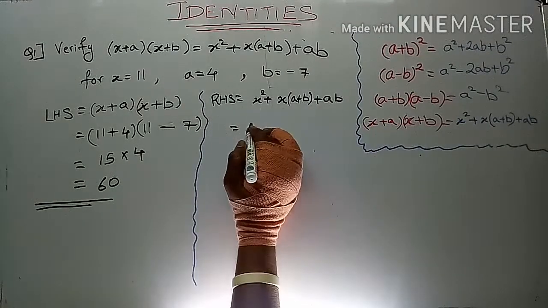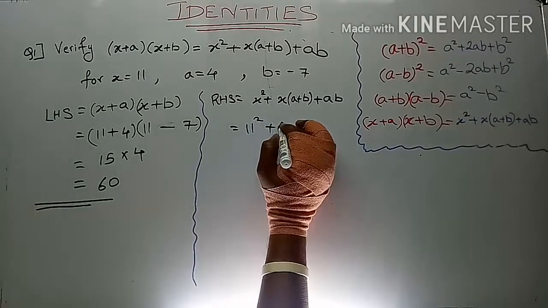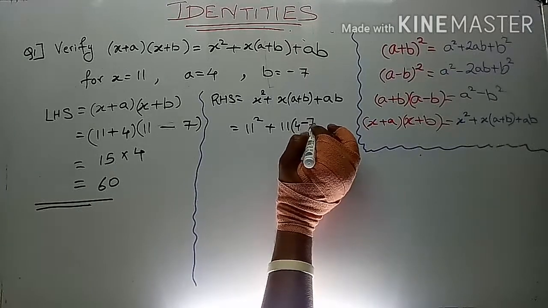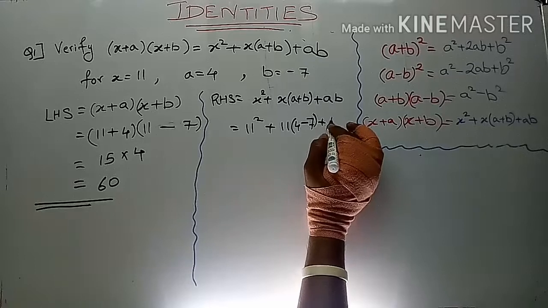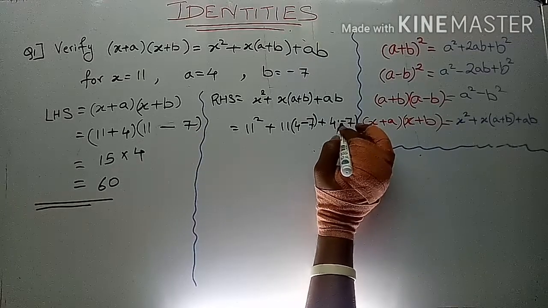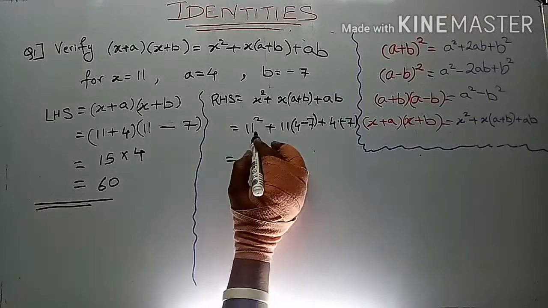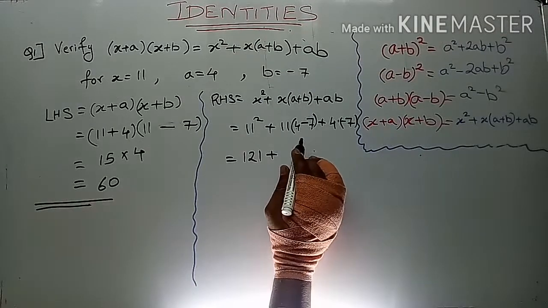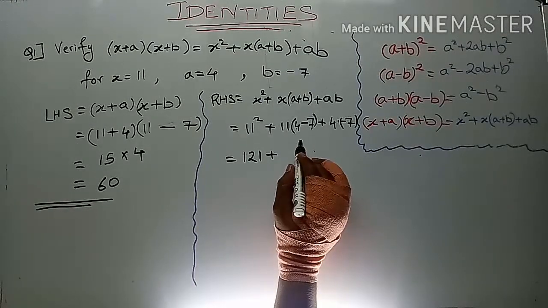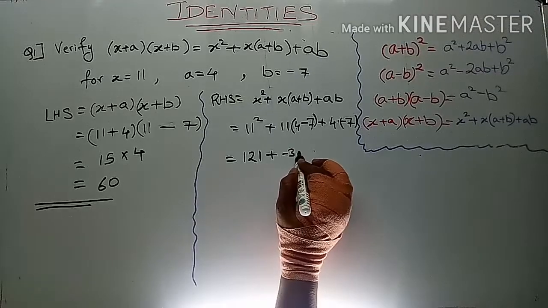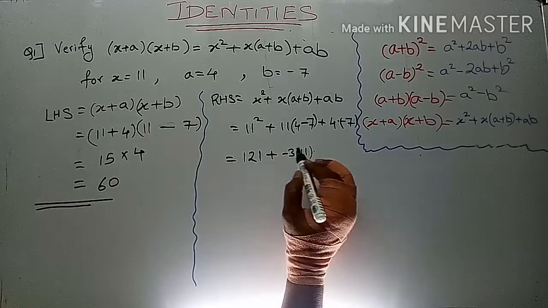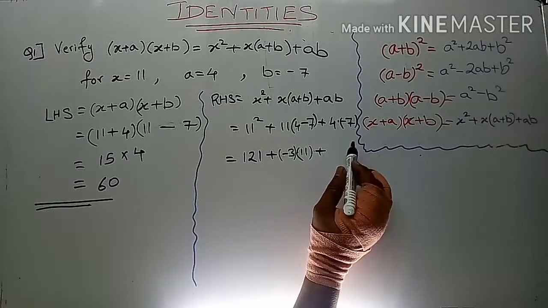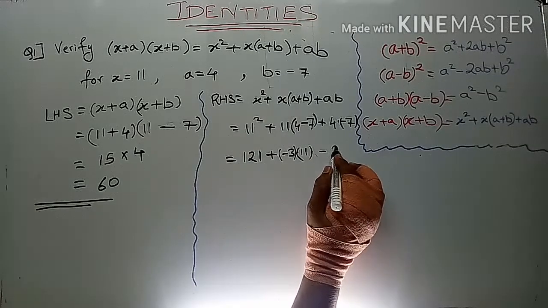Value of x square will be 11 square plus 11 into 4 plus minus 7, that means -7, plus minus becomes minus, plus 4 into -7. 11 square is 121, plus 4 minus 7 is nothing but -3, so -3 into 11, plus 4 into -7 will give you -28.